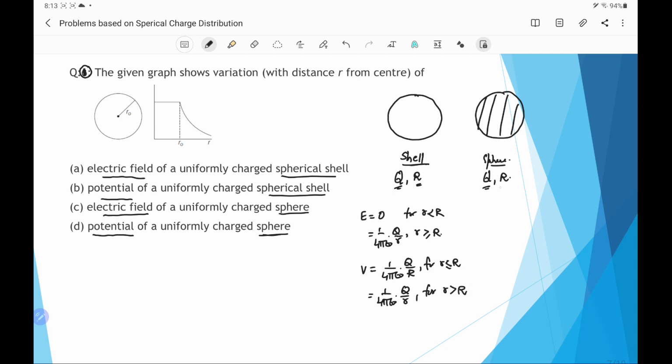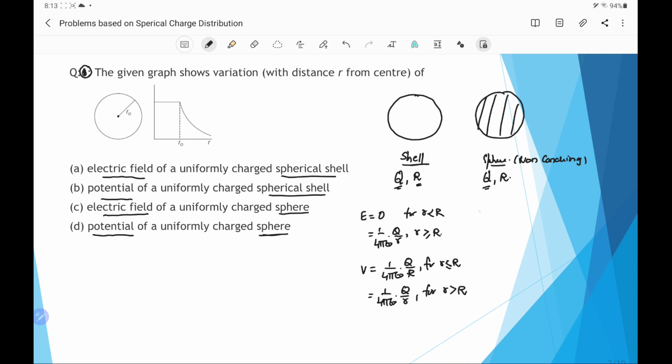Similarly, we have derived the relations for the sphere, which you can see in our earlier videos. This is the non-conducting sphere. In a non-conducting sphere, charge will be distributed over its volume. If the sphere is conducting, then charge will be on the surface in electrostatic condition.